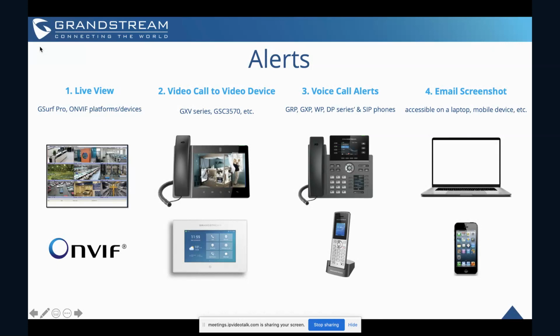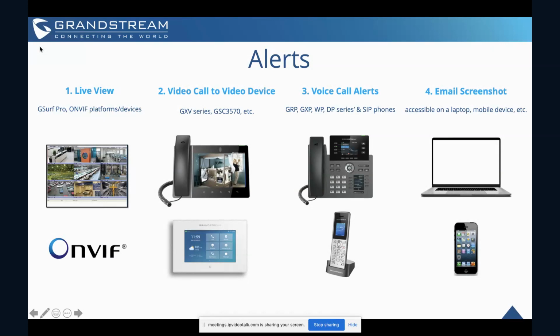So the four main alert or notification options that these cameras offer, and a lot of this, especially 2 and 3, the ones in the middle, are specifically because these are SIP cameras and not just IP cameras. So live view, that is whatever platform, and something else to remember as we're going through here is that in terms of video, the cameras do have dual streaming.